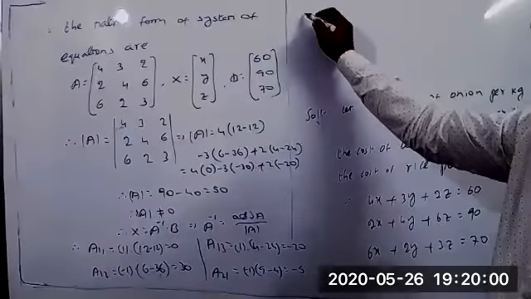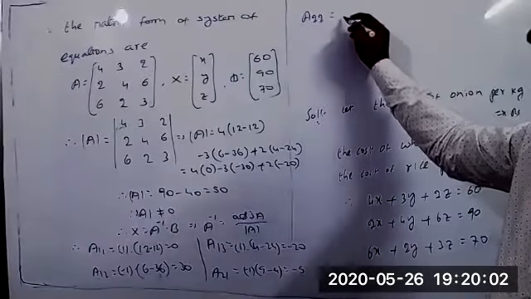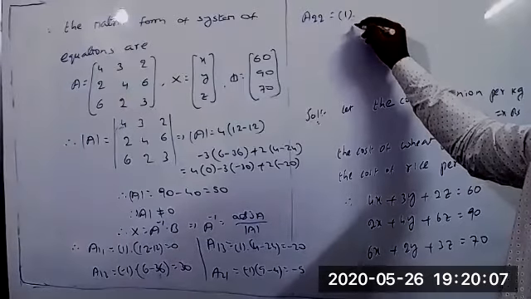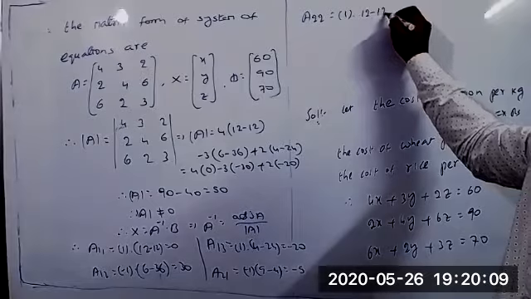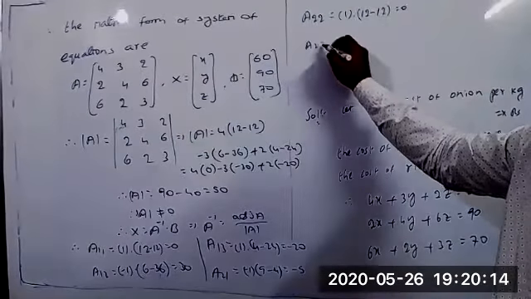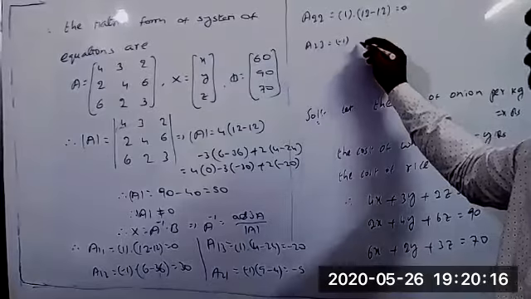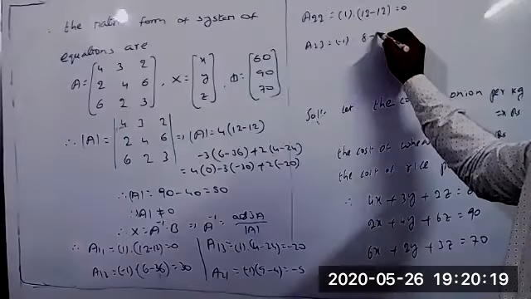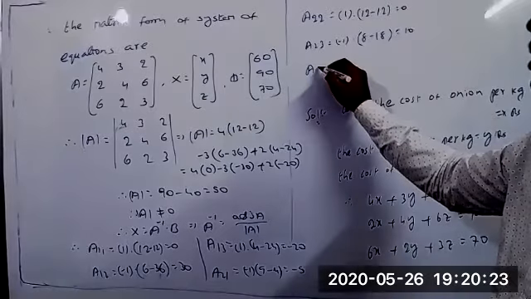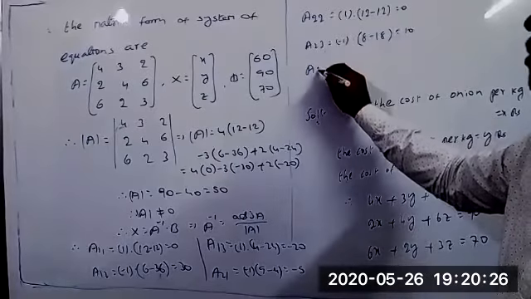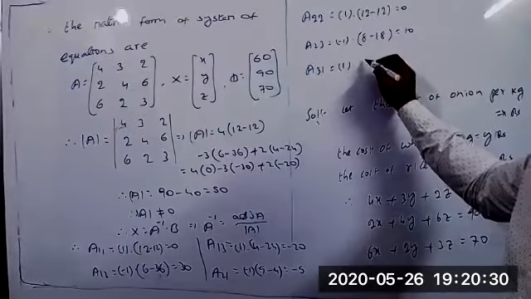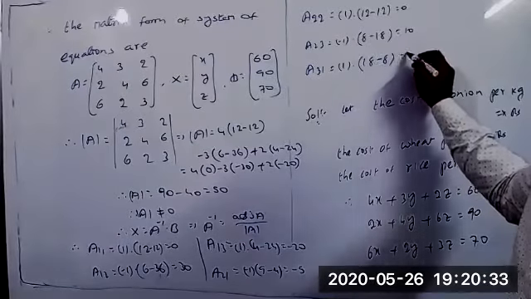Next, A22 equals plus 1 into 12 minus 12, which equals 0. A23 equals minus 1 into 8 minus 18, which equals plus 10. Next, A31 equals plus 1 into 18 minus 8, which equals plus 10.